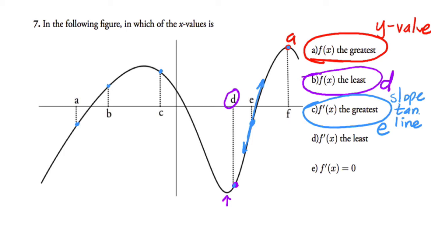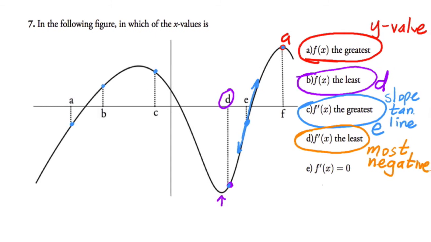Okay. So then, where's f prime of x the least? Here we've got to be a little careful because you might be thinking the least would be where it's 0. But remember, what we mean here by the least would be the most negative, because if it's less than 0, then the slope of the tangent line is going to be negative.